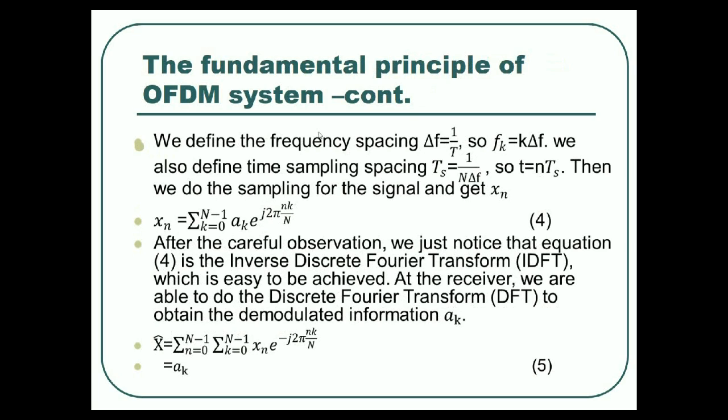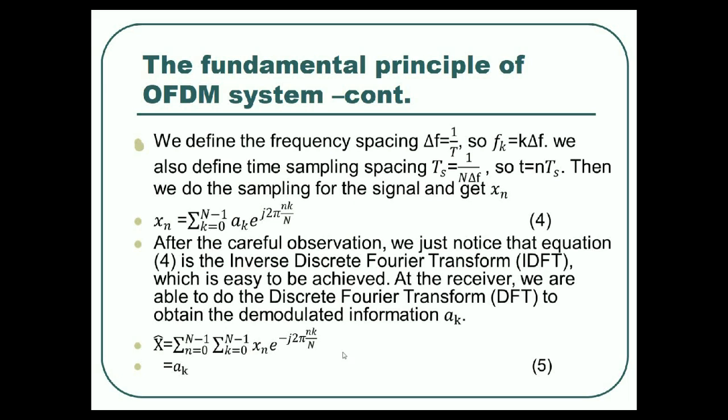We define the frequency spacing delta f, and we get f sub k. We define the time sampling spacing t sub i, and we get t. So we do the sampling for the signal, and we get equation 4. After careful observation, we find that equation 4 is the IDFT, which means the inverse discrete Fourier transform.